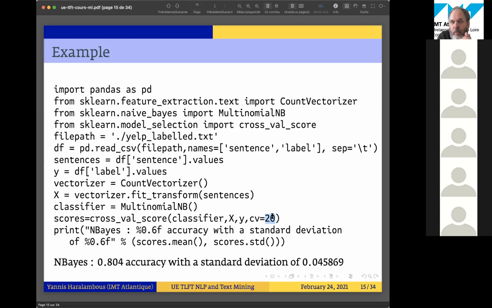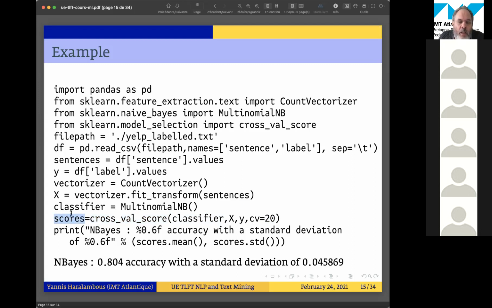And every individual is part of the training set exactly n-1 times, here 19 times. By writing this and giving the classifier object, Python will do this cross-validation 20 times and return the scores obtained.